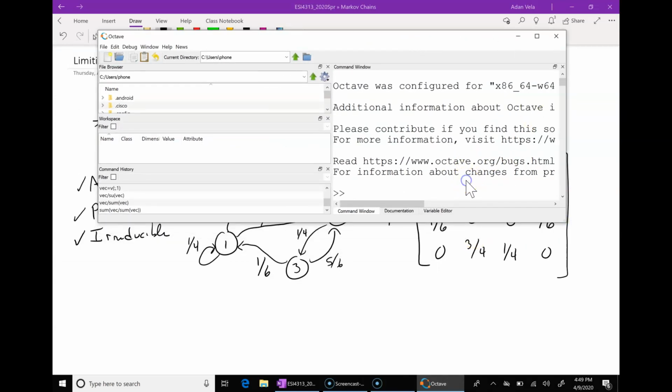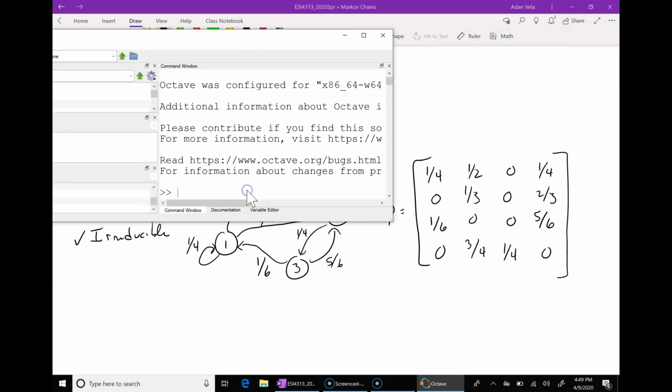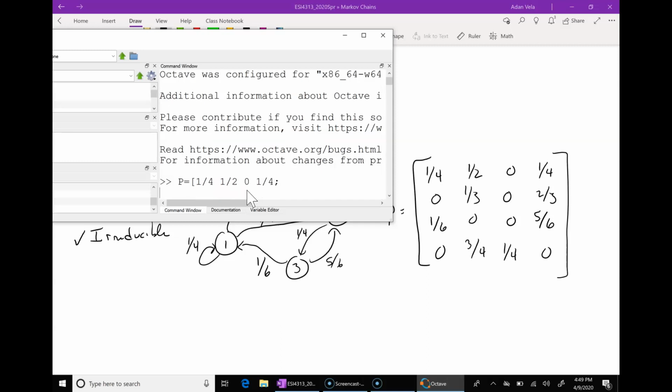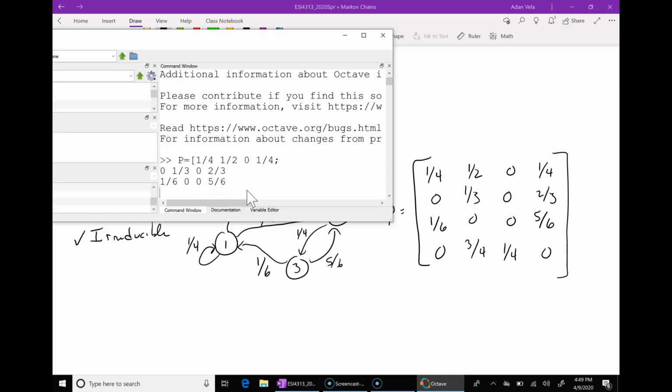So I'm going to type in the matrix here. Let's see what we get. P equals 1 divided by 4, 1 divided by 2, 0, 1/4. I should have put semicolons there.